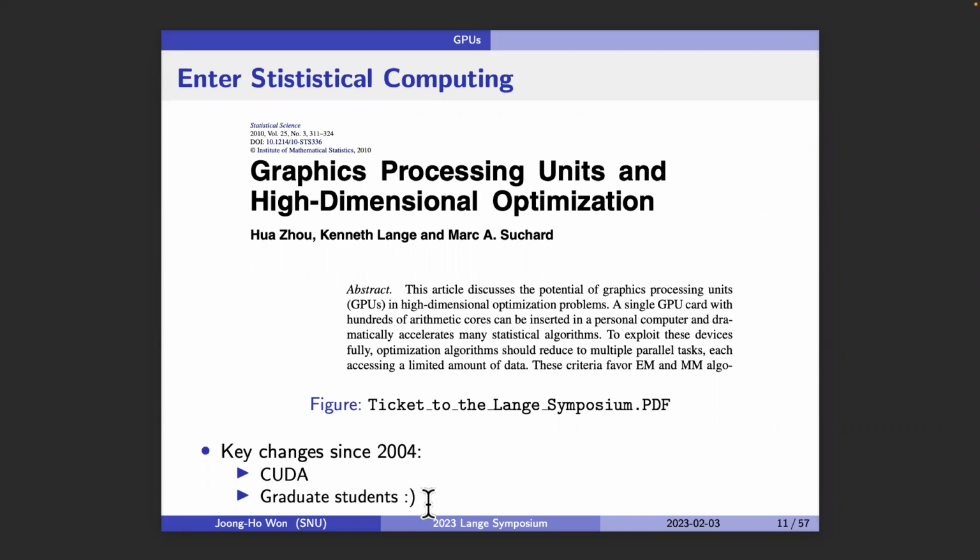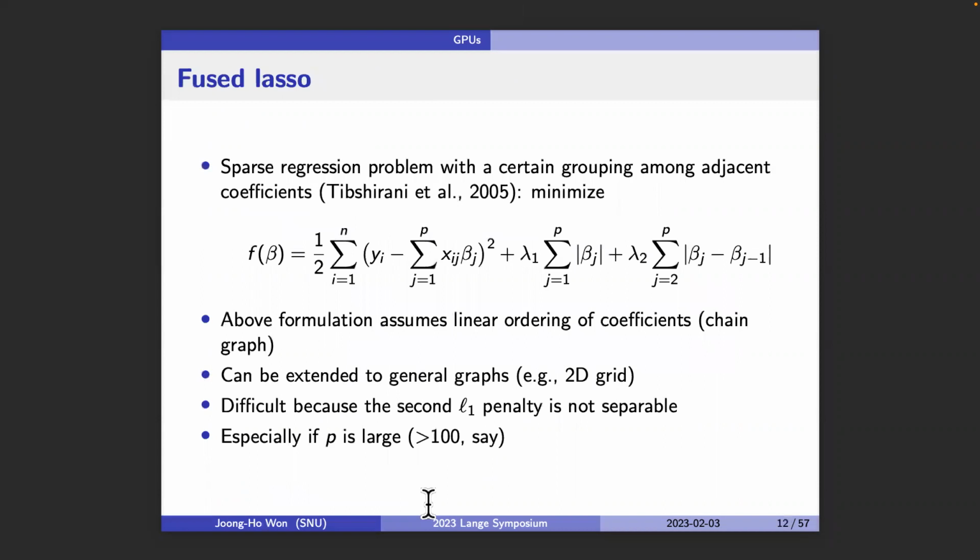And also, I had a great student to work with. So the first project that I got into with GPU was this fused lasso computation. It is a very famous model, but to repeat, it's a sparse regression problem with a certain grouping among the coefficients. And probably the most famous one is one-dimensional fused lasso, where you group adjacent coefficients, and that corresponds to a chain graph.